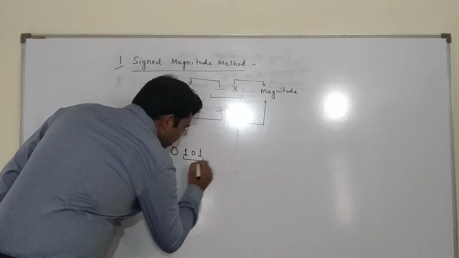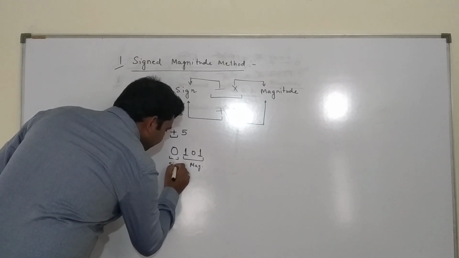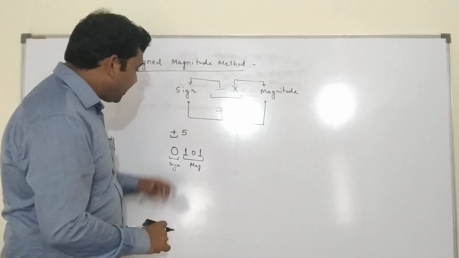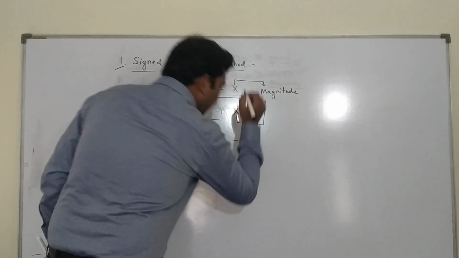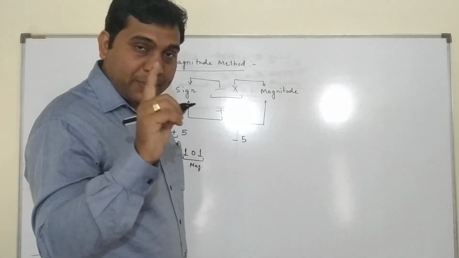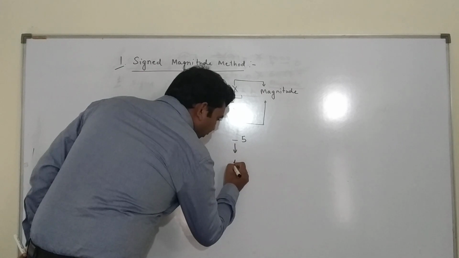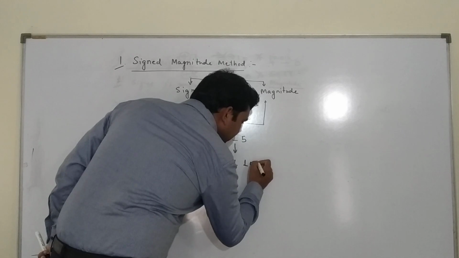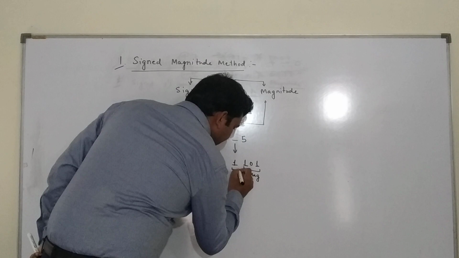So this is your magnitude and this is your sign. This is how one can write plus 5. What about minus 5? As I told you, for minus number bit 1 is reserved. And for 5, we can write like this. So this is your magnitude and this is your sign.